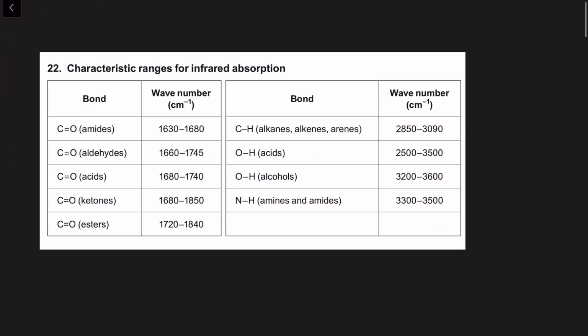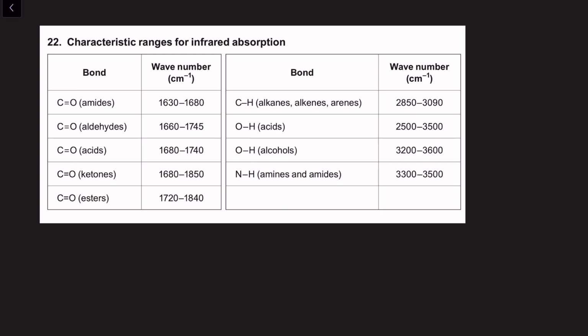This is section 22 of your data book, and you can see that for each particular type of bond or functional group, you get some particular wave numbers. So whenever you have, for example, the OH bond for alcohol, the hydroxyl group, you will get very low transmittance at around 3200 to 3600 wave number.